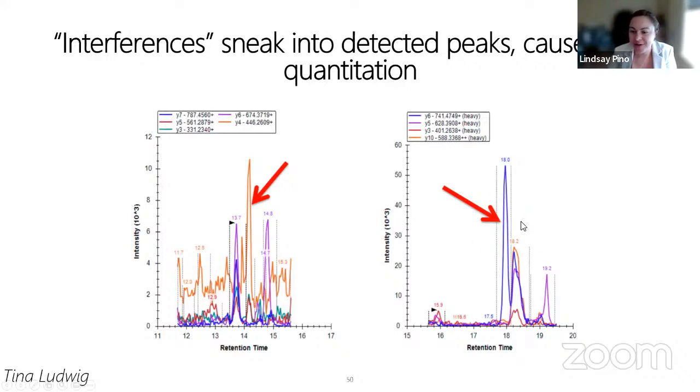Similarly, another type of interference that you might see in your data, here's another example, just about at 18.5 minutes, with an orange, a blue, a purple, and a red fragment ion all stacked and looking pretty symmetrical, except for this giant interference in the Y6 signal. So this is what we're talking about when we're talking about messy data, and in DIA, you're more likely to see these interferences than if you were to do a targeted SRM, MRM, PRM style experiment.